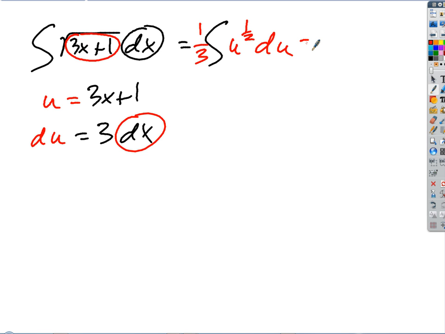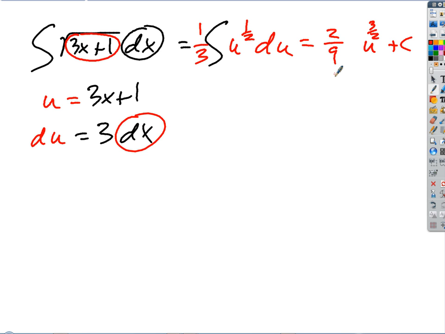Right? What's the antiderivative or indefinite integral of u to the 1/2? Okay, good. So we're going to get a u to the 3/2, and we got to put that plus c, and then we get a 2/3 tacked on out front times a 1/3. Right, we had that 1/3 times 2/3, 2/9.